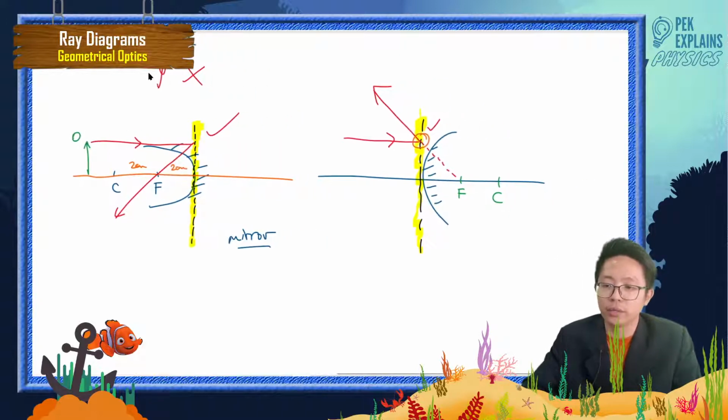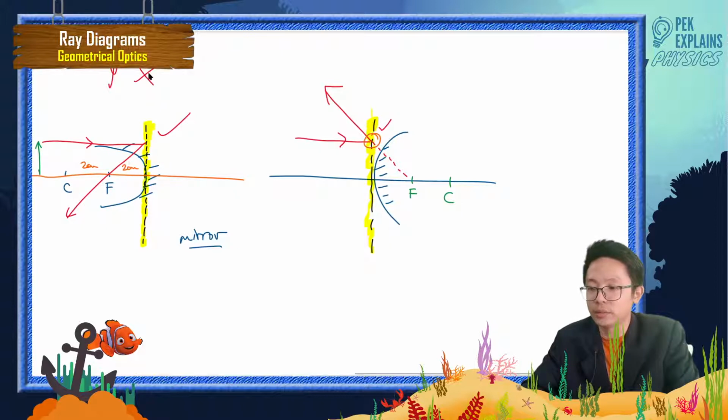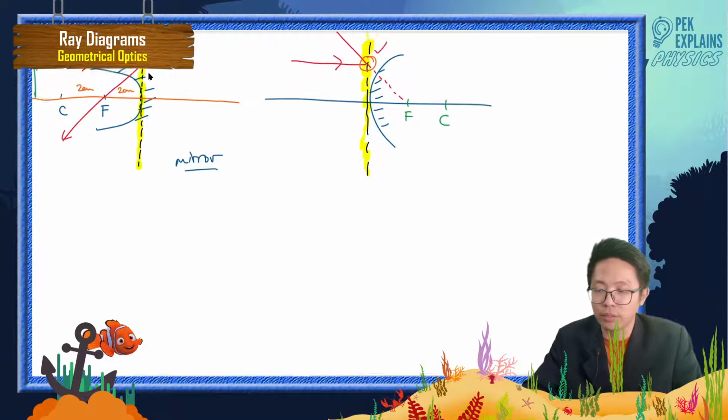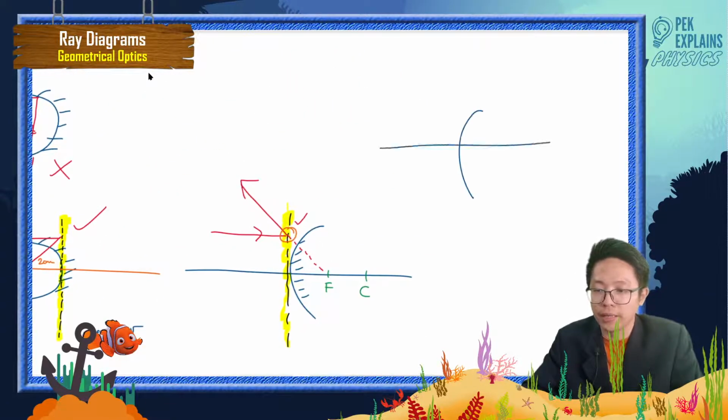This one is correct. Don't draw like that, because your curve is not good. If you diverge from the surface, I'm afraid you can't get a nice image.